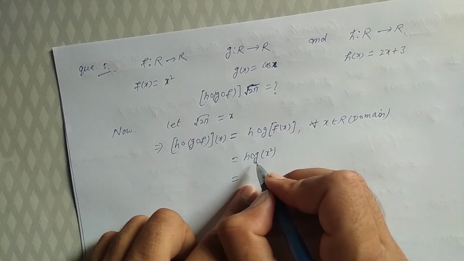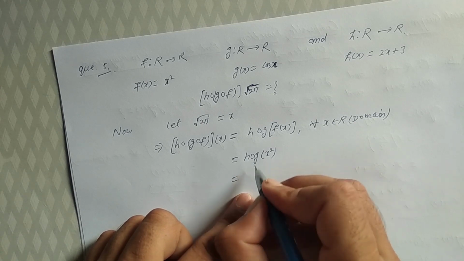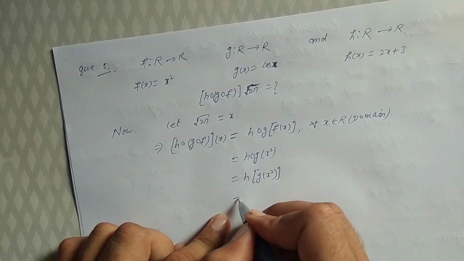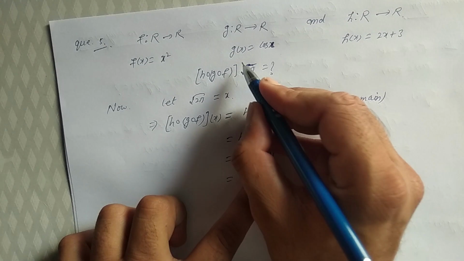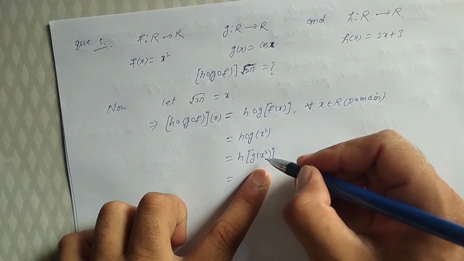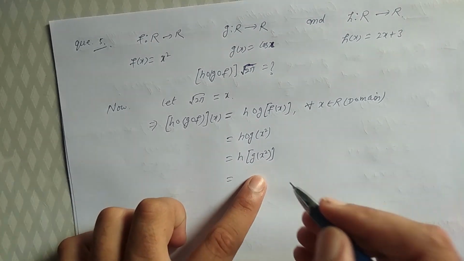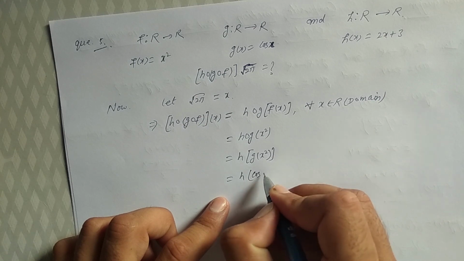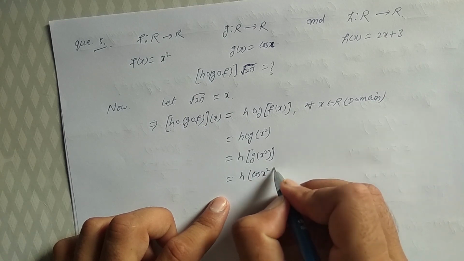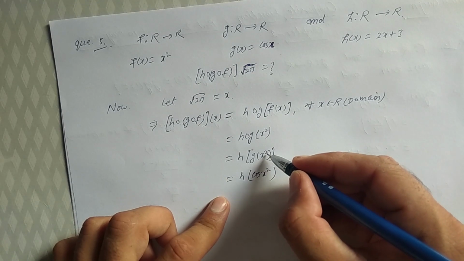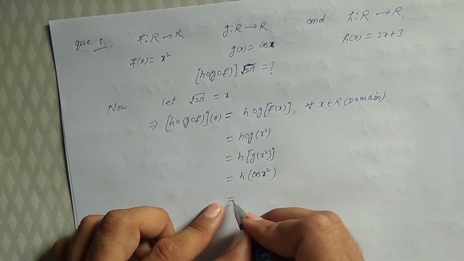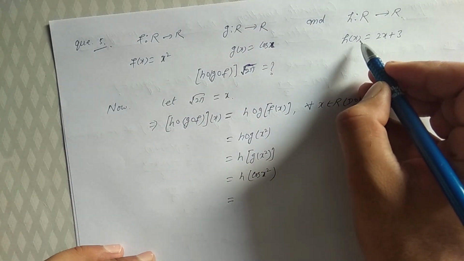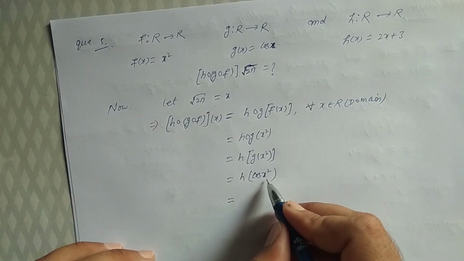Again, the composition hog(x square) means h(g(x square)). Again g(x square), where x is replaced by x square. Putting the value of g(x), h(cos x square), so x in h(x) is replaced by cos x square.